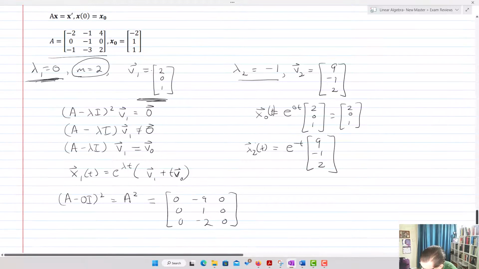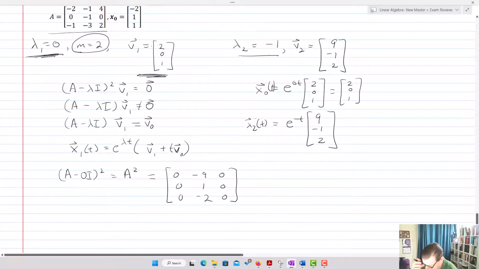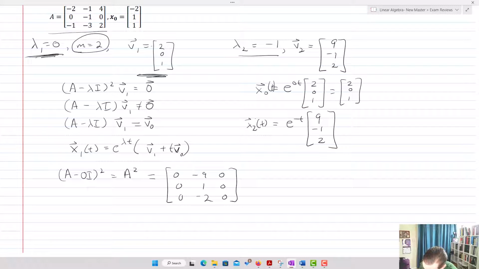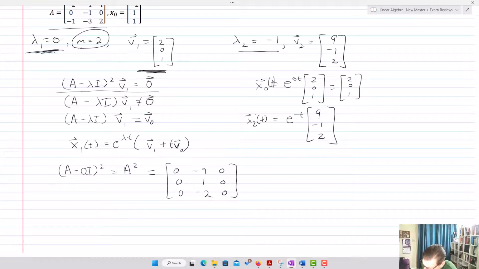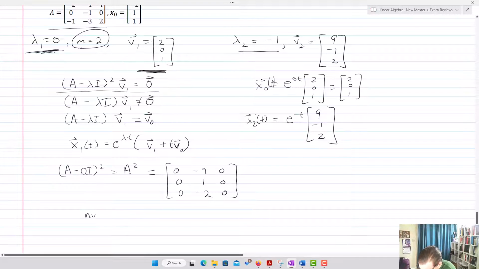So that's my matrix. Now I need A squared v1 to equal 0. So I need to find a vector v1 that's going to make this equal to 0. So basically I'm going to need the null space of A squared in this case.